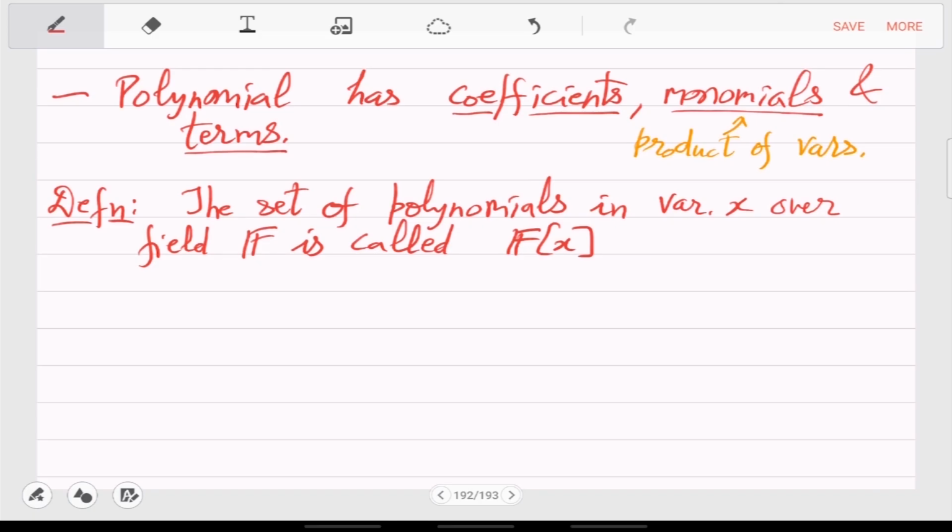It's called the polynomial ring. So it's basically the set of nicest looking functions over the field.